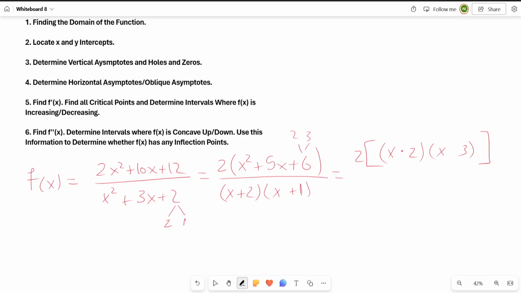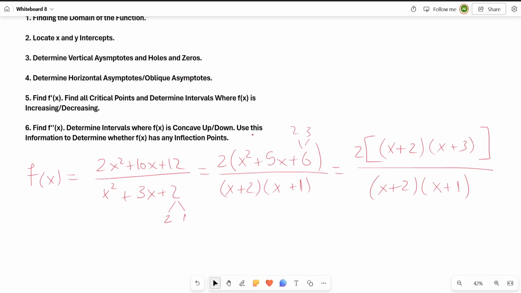The middle sign in this case is plus, so I'm going to have a plus and a plus over my denominator, which is x plus 2 over x plus 1. Straight away, I can see that there is a common factor, the x plus 2 and the x plus 2, and they will cancel out. So I will need to keep this in mind when I reach the third step, where I figure out, do I have any holes or not?